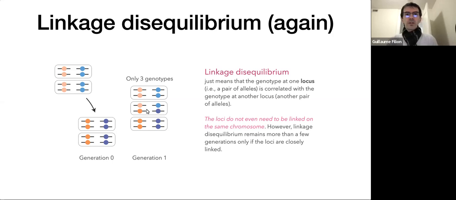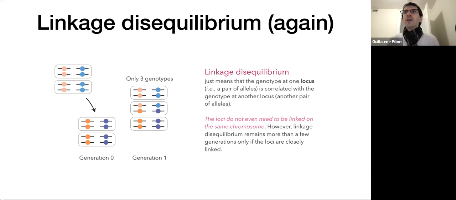The knowledge of the orange locus gives you complete knowledge of the genotype at the blue locus. So you have perfect linkage disequilibrium. And yet the genes are not even on the same chromosome. So it's got nothing to do with recombination.